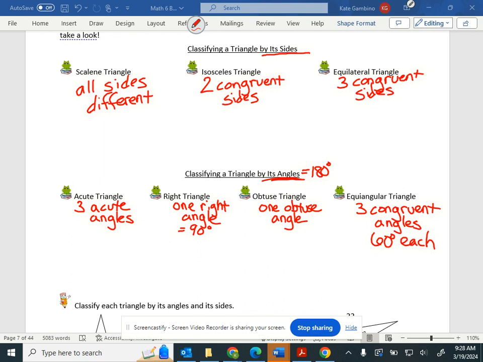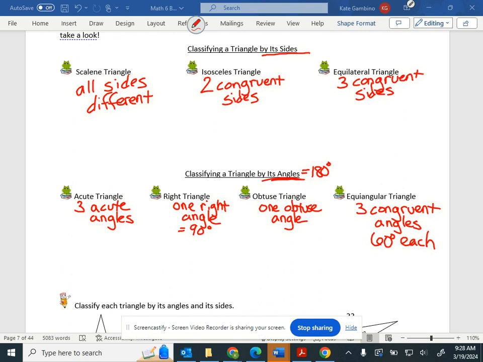Any questions on classifying our triangles? I'm telling you again, I always have kids mess up with side names and angle names. It asks for an angle name and they give me a side name, or it asks for a side name and they give me an angle name.